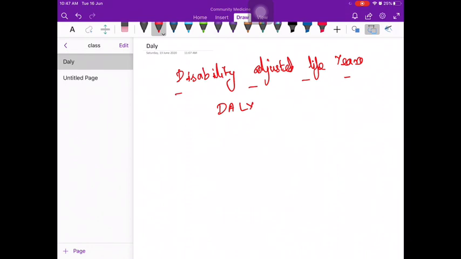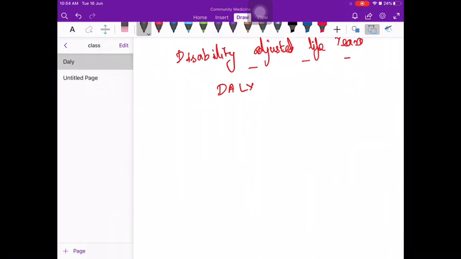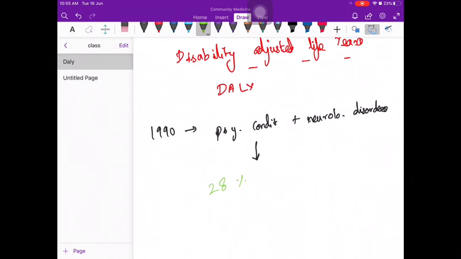Before going to the topic, let's see how DALY was first introduced. WHO's World Health Report in the year 1990 stated that psychiatric conditions along with neurological disorders accounted for 28% of people lived with disability.